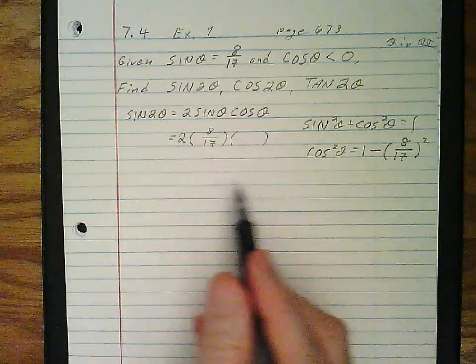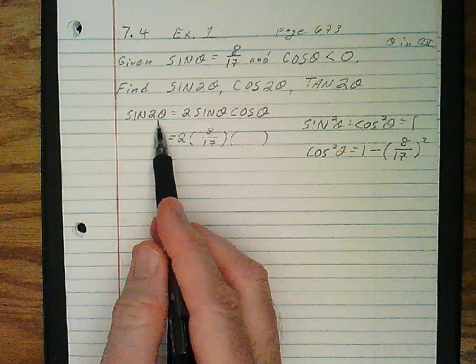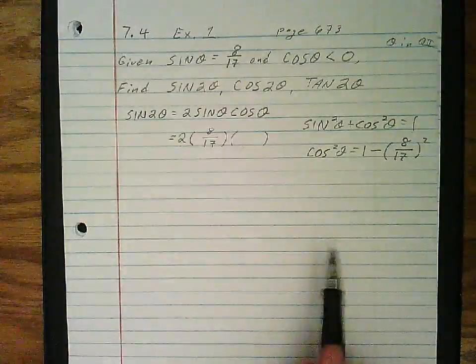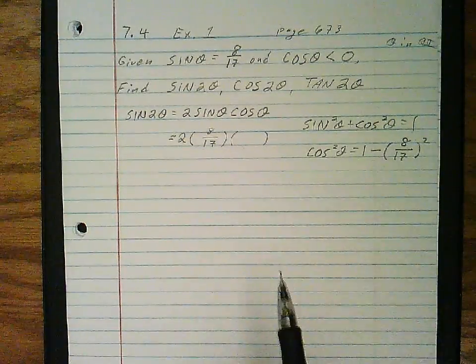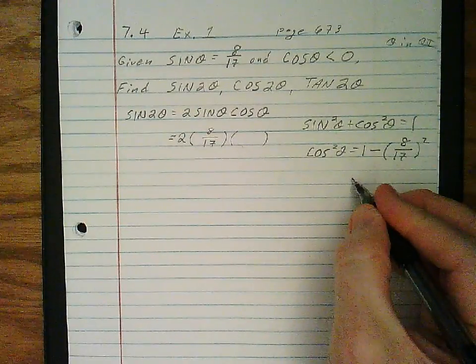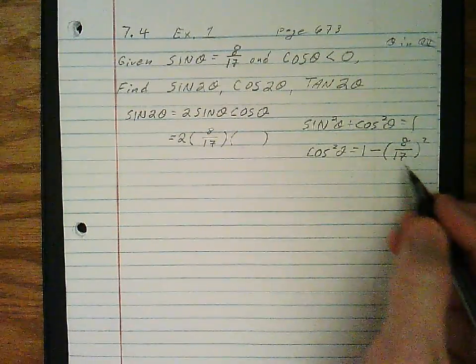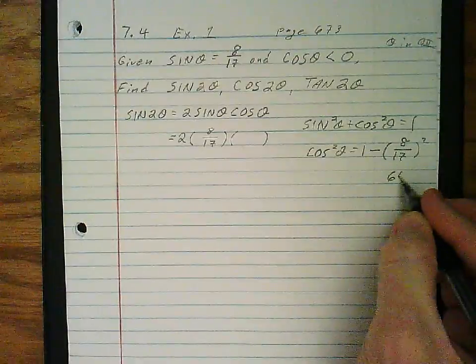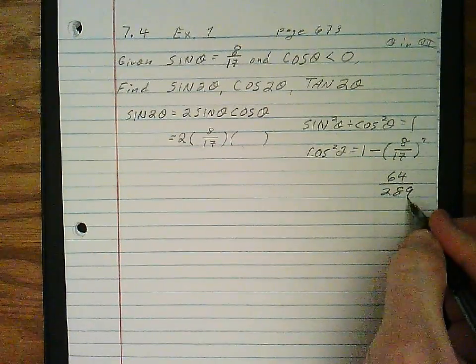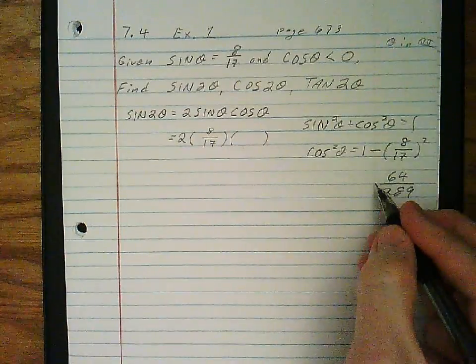So notice, in order to do this problem, I'm using the sine double angle formula, and I'm plugging in what they give me for sine here, and I'm using this identity. So remember, if I square this, I'm going to get 64 over 289. That's 8 over 17 squared.